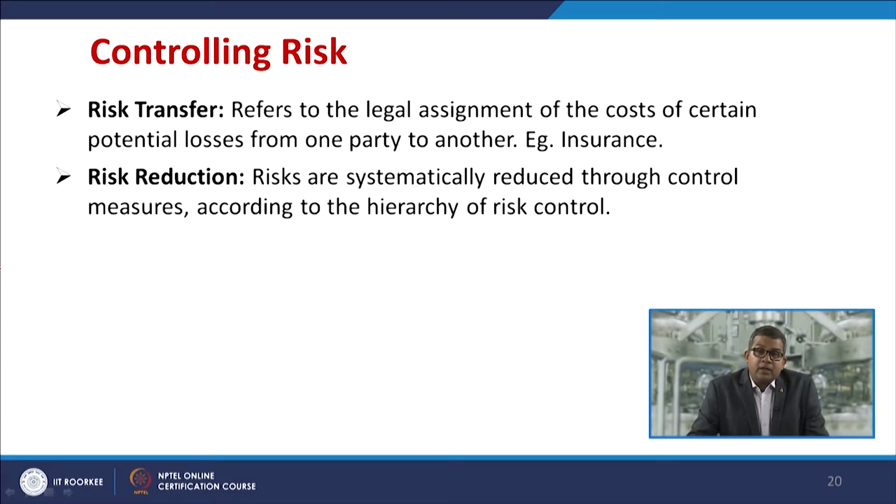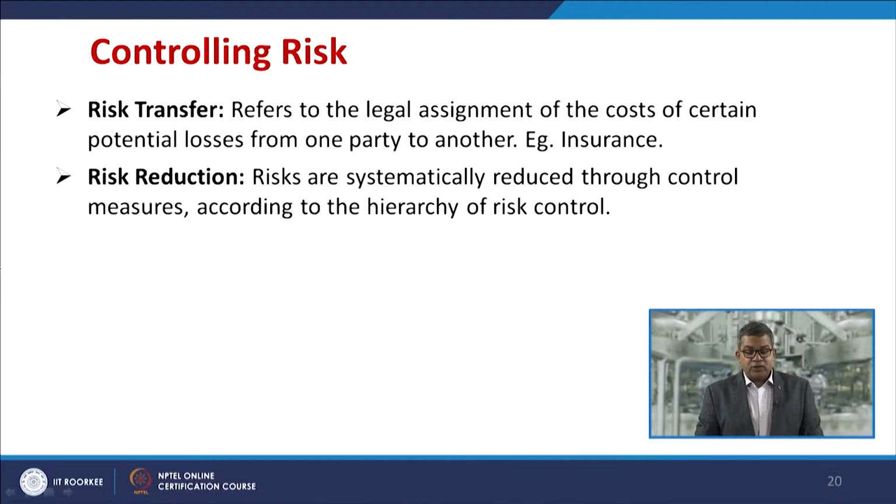Now remember, when you are going ahead with insurance, again they have a certain set of rules. So if by any chance there is any violation of those rules, the insurance company may refuse to pay the compensation. So be particular about this risk transfer protocol.